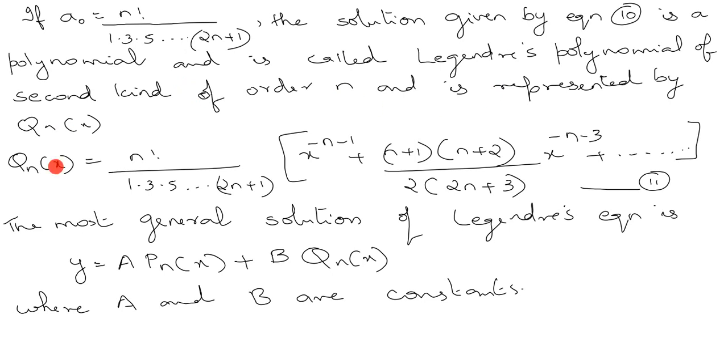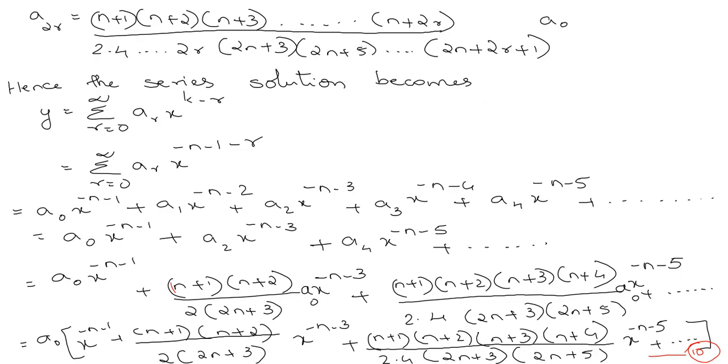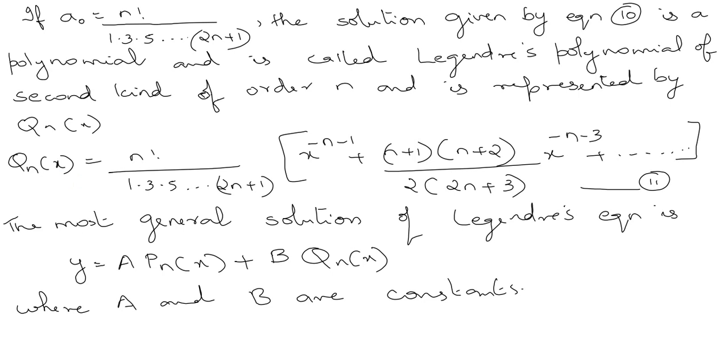So we can represent this equation as, if we substitute for a0, then Qn of x is equal to n factorial by 1 into 3 into 5 etc. to n plus 1, into x raised to minus n minus 1 plus n plus 1 into n plus 2 divided by 2 into 2n plus 3 into x raised to minus n minus 3 plus etc.